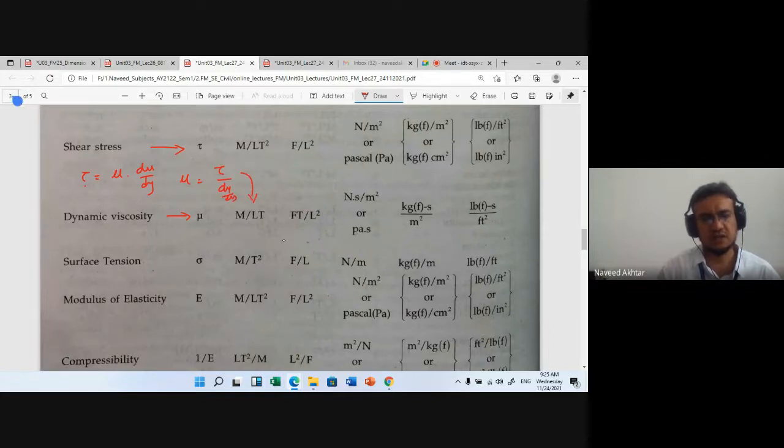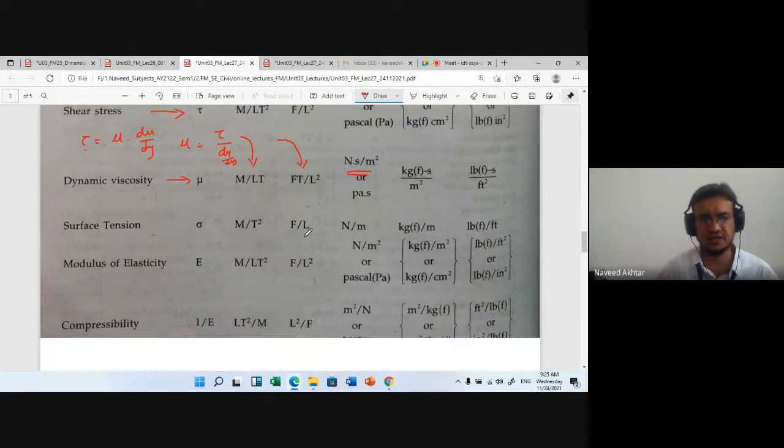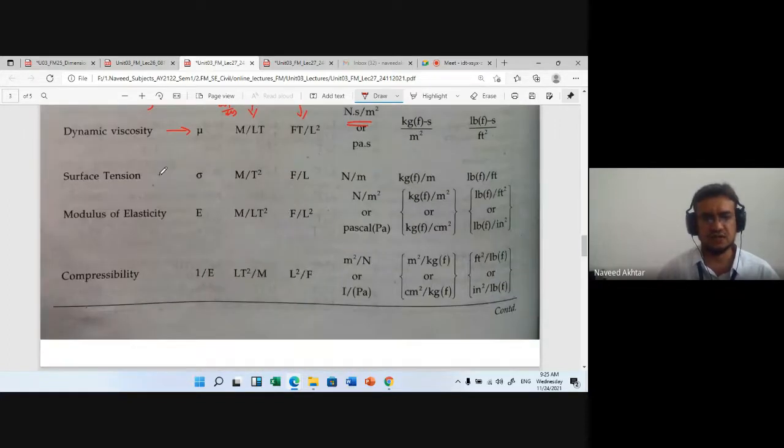Tau we are measuring as force per area, and change in velocity, so if you explore, then you get Newton second per meter square. It is the dynamic viscosity. Then sigma is the surface tension, force upon length, or M upon T square.